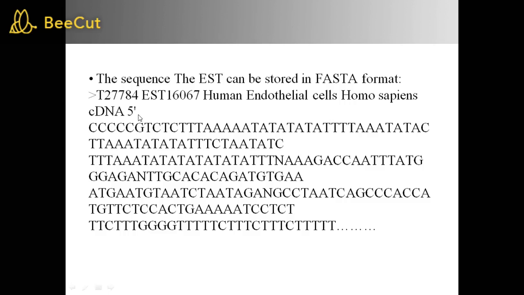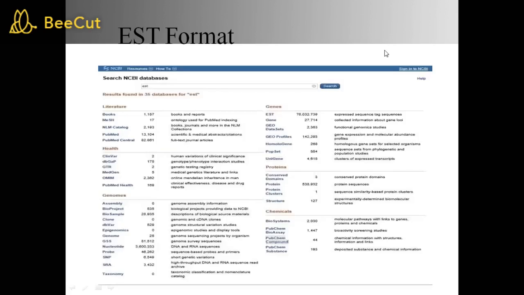Its location is mentioned in this information. Then here you can see the sequence of this expressed sequence tag. This is the sequence of human endothelium cells, and this is the sequence of the 5' end. If you visit the NCBI, you will get this type of EST format.